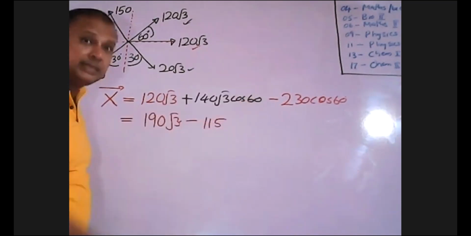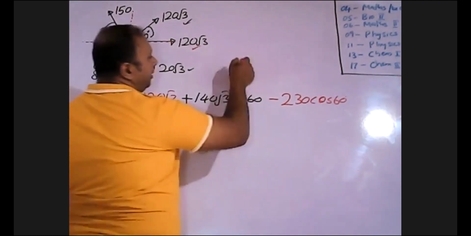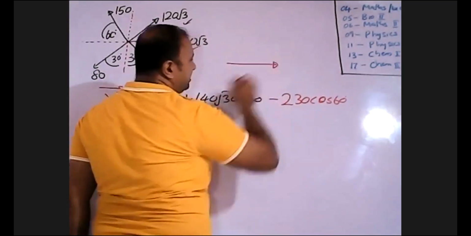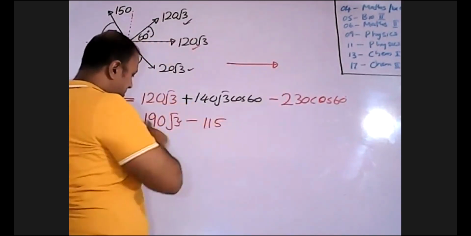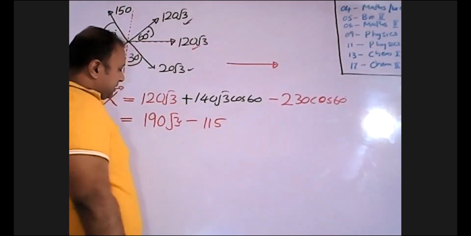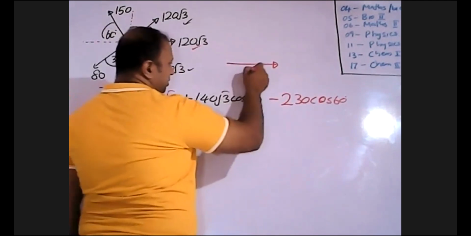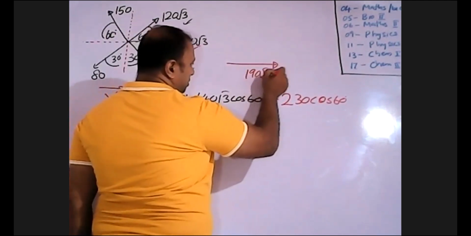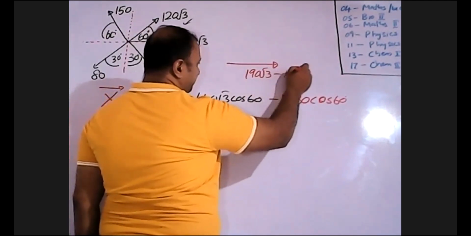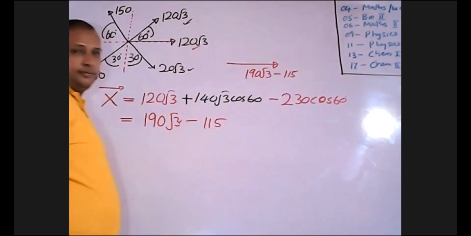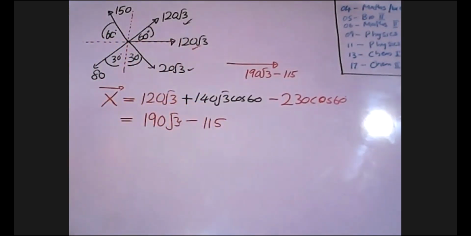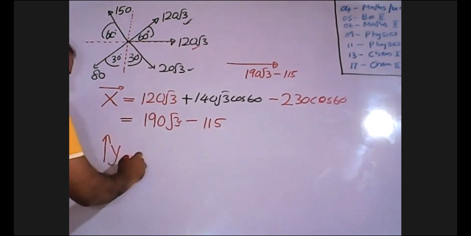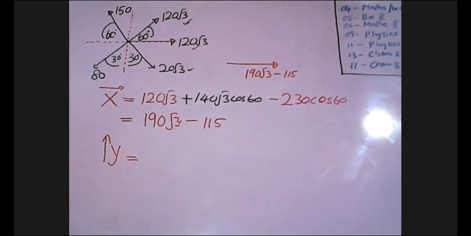Therefore, the x component is in this direction. This value is 190 root 3 minus 150. Then the y value. Look at this one.